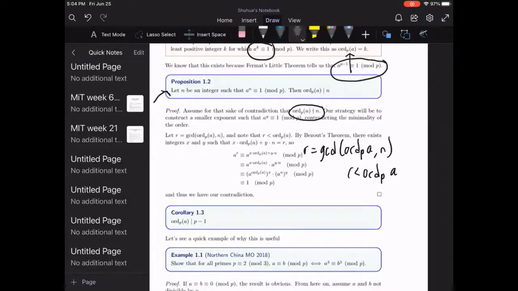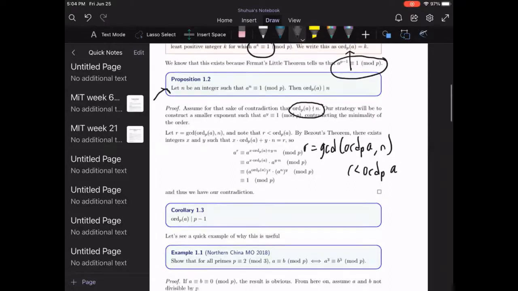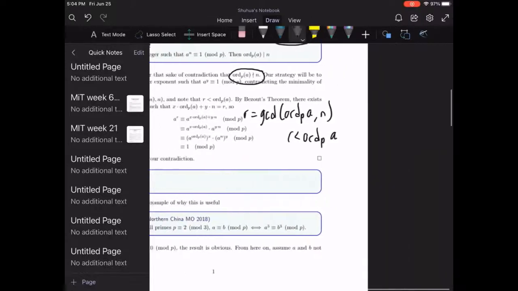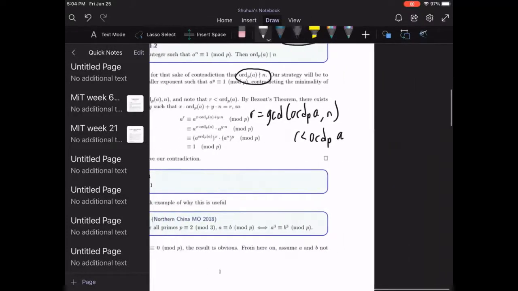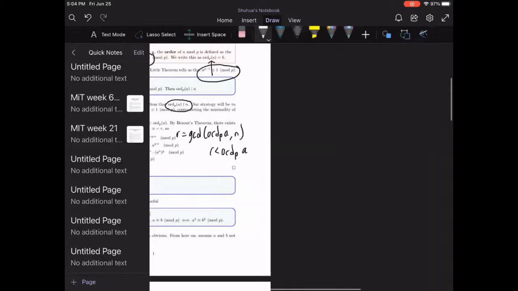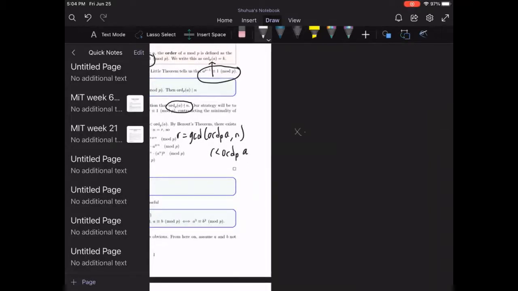If it were equal to order mod p of a, then order mod p of a would have to divide n. Now we can cite Bezout's theorem, which says that there exist integers x and y such that x times order mod p of a plus y times n equals r.